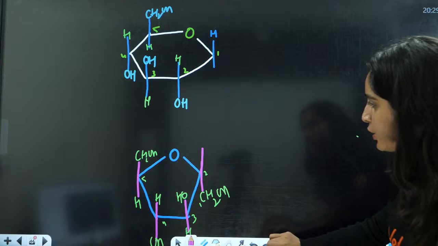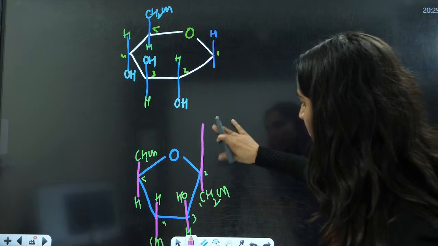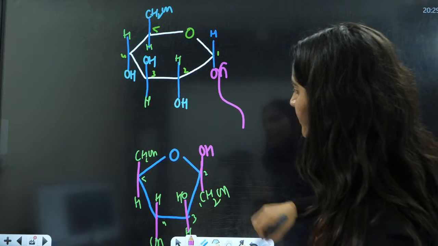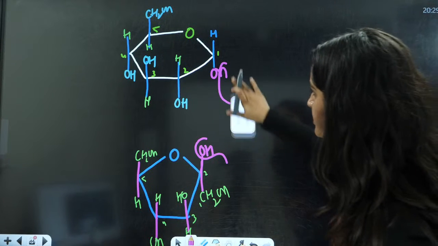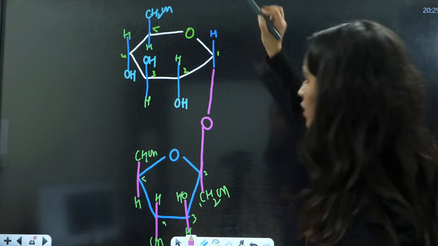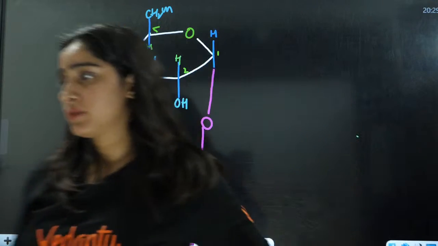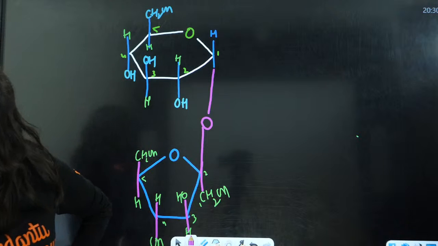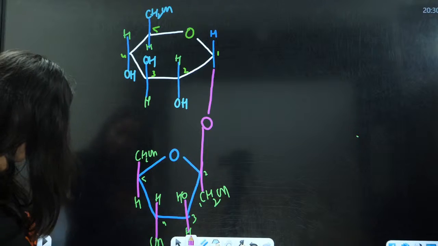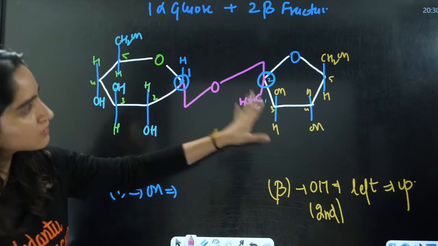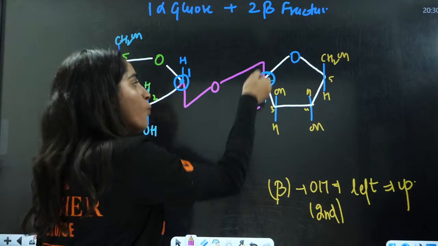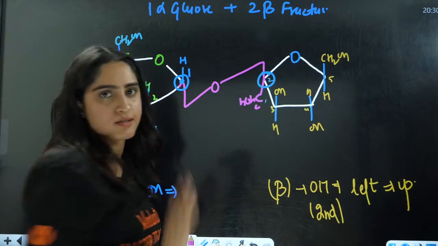Because earlier you had the OH part here, hydrogen eliminates from this side, OH eliminates from this side, then you have the linkage of O, right? So this is also the structure. In some books you will see this is also the structure, and in this way they have written 1, 2, 3, 4, 5, 6.